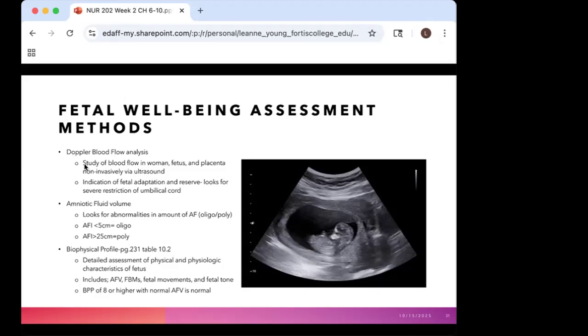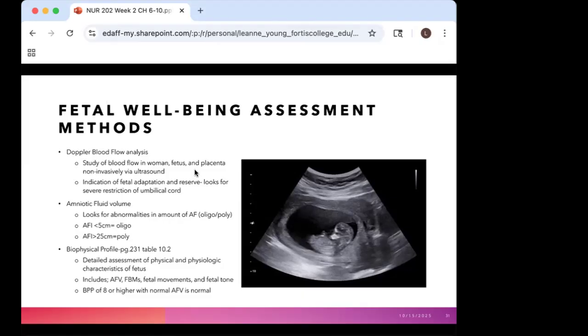Okay. So all of these things are ultrasounds, non-invasive. A BPP, which is the next one down here, there's a really good table on page 231 that you should reference whenever we're talking about BPPs because it goes through every single category that is tested on a biophysical profile. But it's basically a detailed assessment of physical and physiologic characteristics of the fetus.